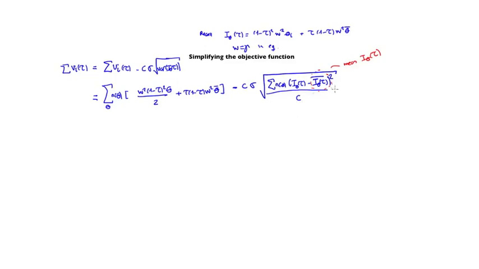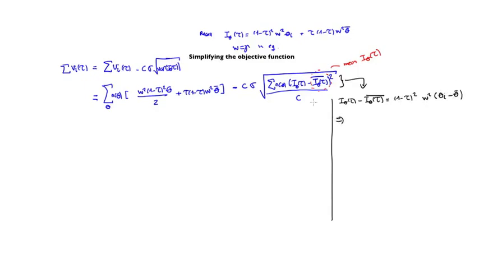Now let's look at this term for a second on the side. What is I theta of tau minus I theta tau mean? If you go up there and do the algebra, this is just equal to (1 minus tau) squared w squared times (theta i minus theta mean).